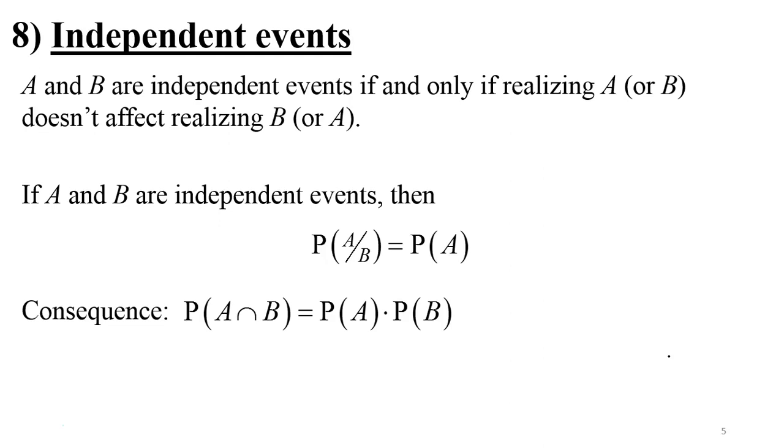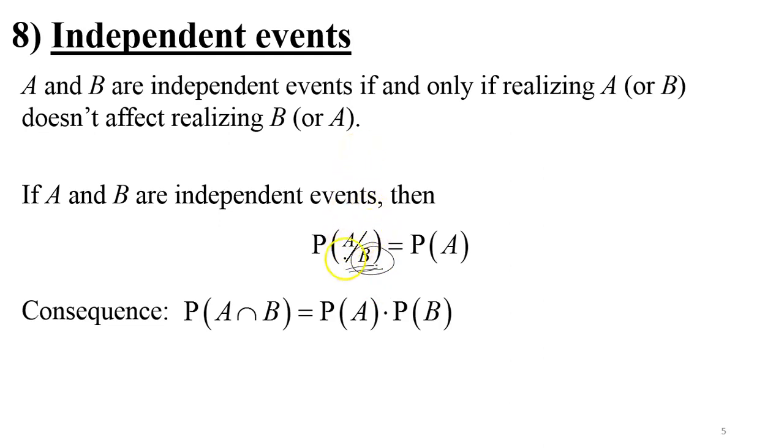Realizing event B does not affect realizing event A. So we would look at 2 events to be independent if the probability of A given B is equal to the probability of A. By realizing B, the probability of A does not change, which means that A and B are independent. Whether I already have B realized or not, the probability of A does not change.